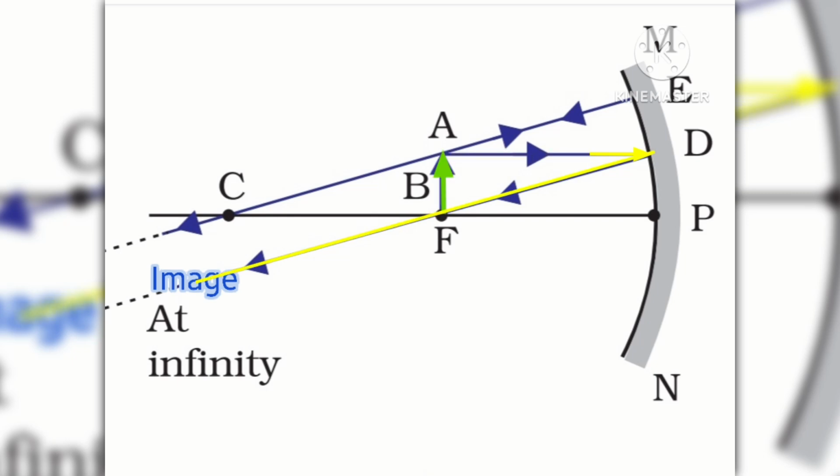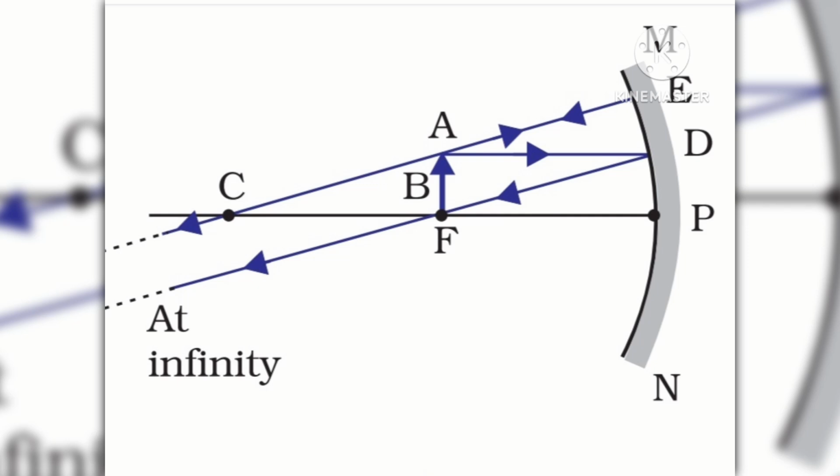Second ray is passing through center of curvature. We know that after reflection, the ray comes back in the same path. These two reflected rays never meet. That's why we are thinking that the parallel rays may meet at infinity, so the image may be formed at infinity, for the object at focus.